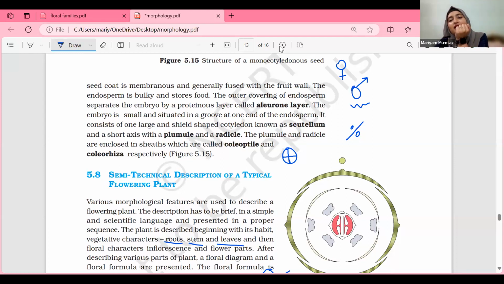Now, sometimes, I don't know about you people, but I was a huge amount of silly when I was in class 11. I used to always get confused between the symbols for male and female. I don't know how my mind worked at that time, but I used to think that this circle has an arrow above it, so it is sort of like a ponytail, so this is female. After a while I made myself learn that it is wrong.